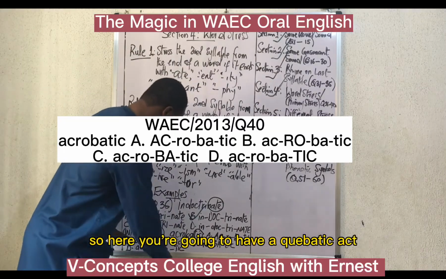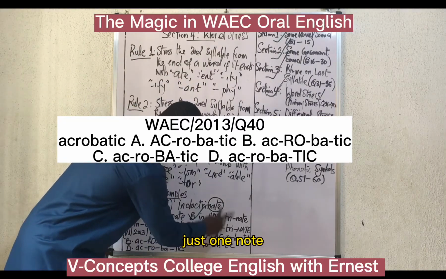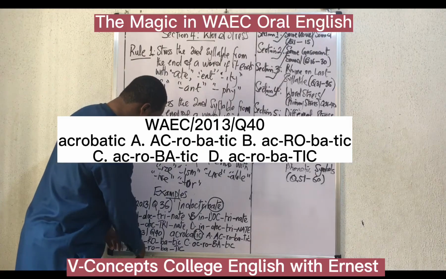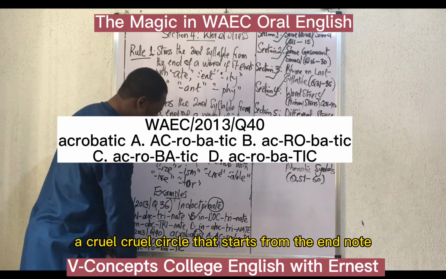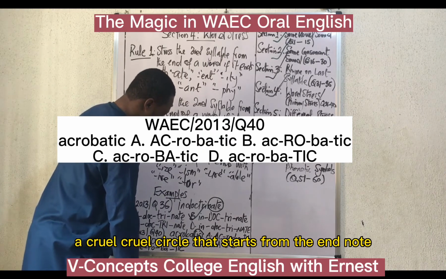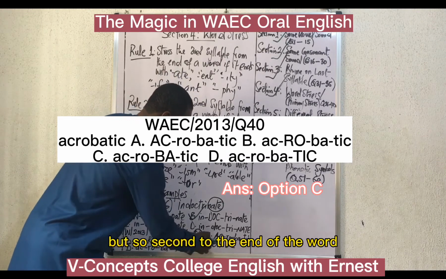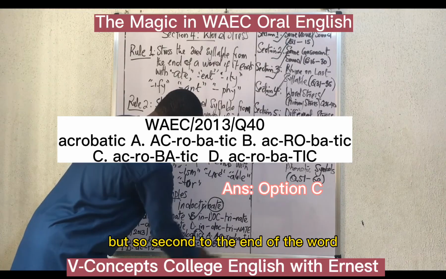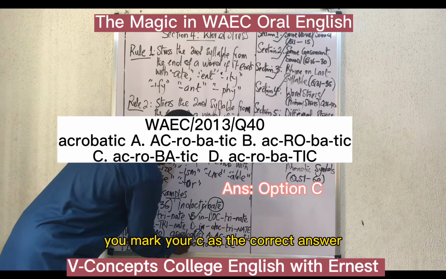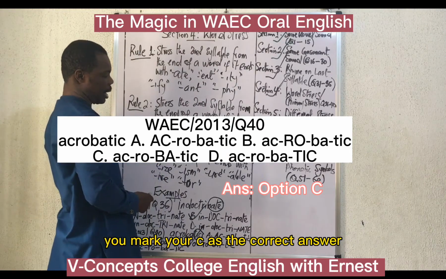So here you're going to have acrobatic. First one, no. Then you have second, that is third from the end, no. Batic, this is the word. Batic. So second syllable to the end of the word, you mark your C as the correct answer.